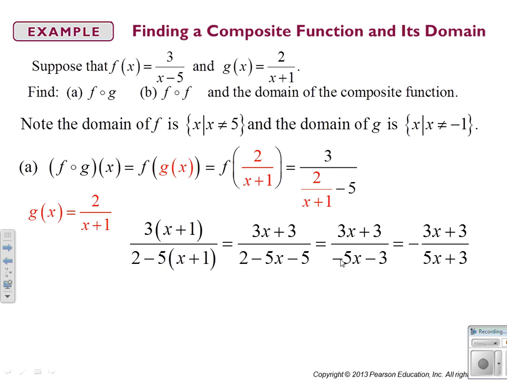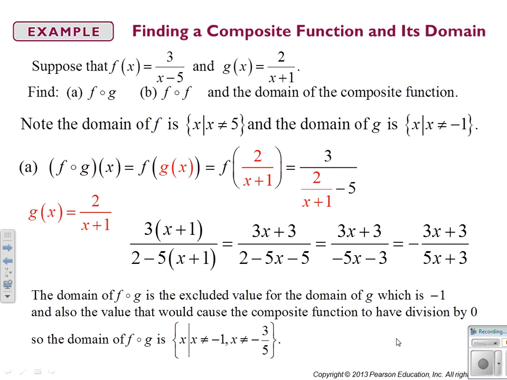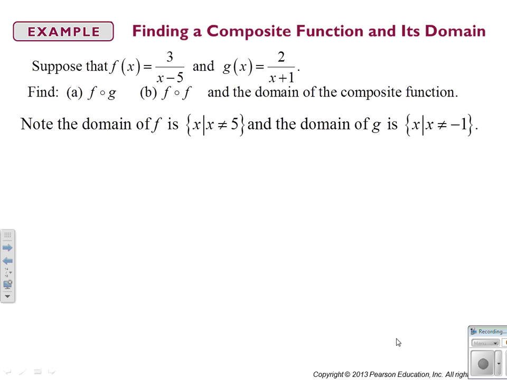Then we factor out the minus, so we get 3x plus 3 over -(5x plus 3). Domain-wise, we cannot equal -1, because that makes g equal 0, and we cannot equal -3/5, because that would make the denominator of f equal 0 when g of x is 5.